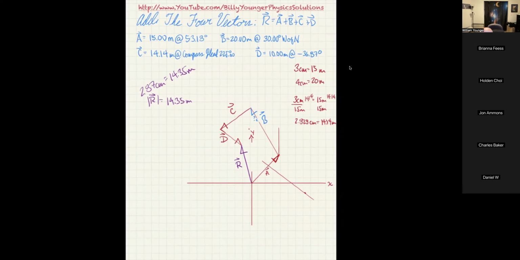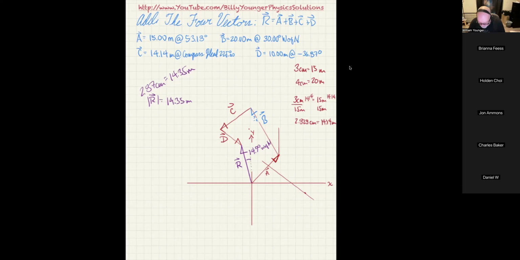It looks like it's right on the money at 15 degrees, maybe 14.9. So I'm going to say this angle right here is 14.9 degrees, and I would call that west of north. So that's what I believe my resultant vector is graphically.